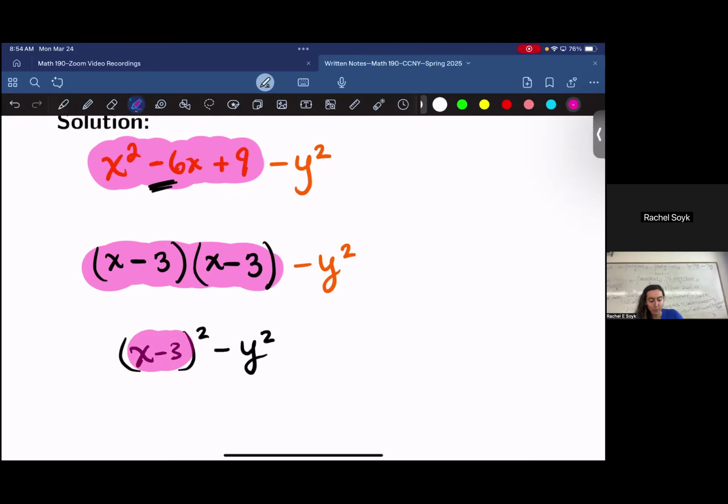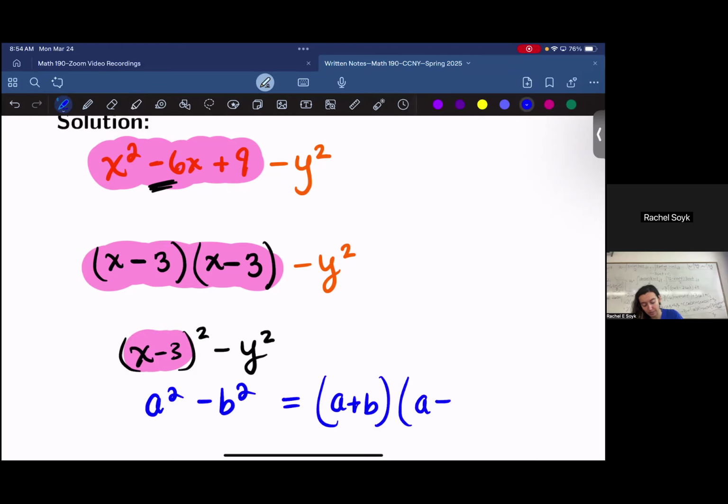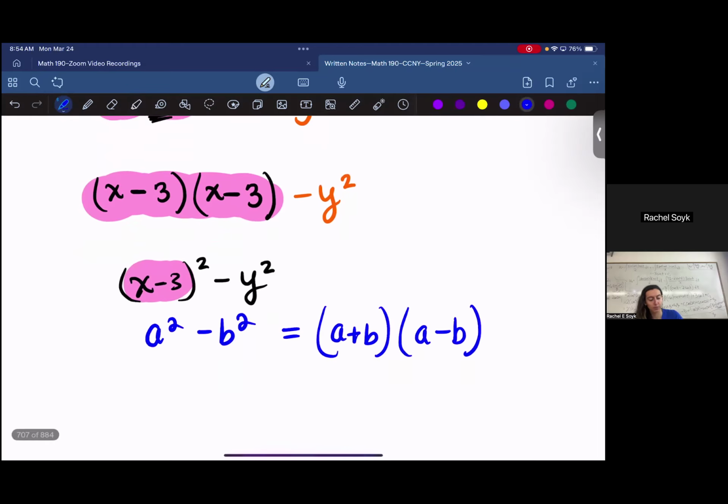But what do we notice? This is sort of like an a squared minus b squared in disguise. And isn't a squared minus b squared the same as a plus b, a minus b? Our a here is just that x minus 3, and then our b is our y.